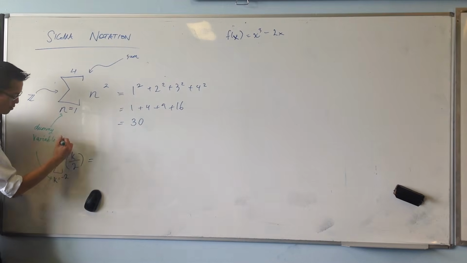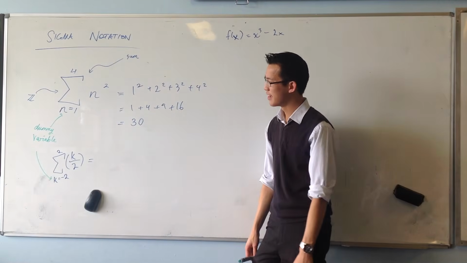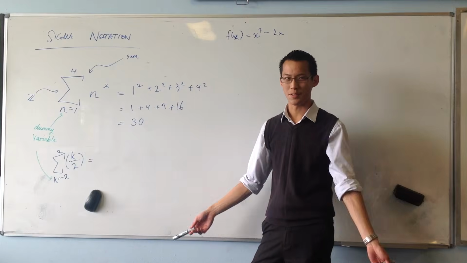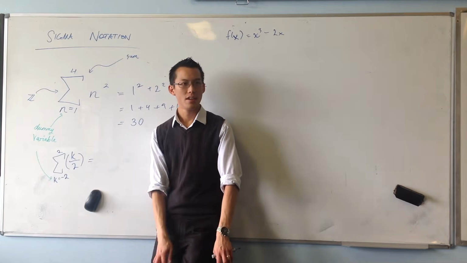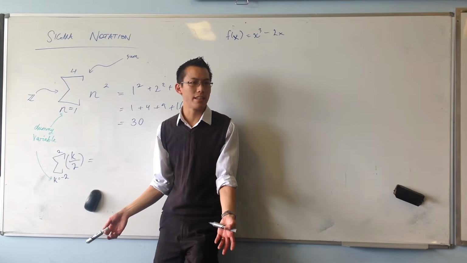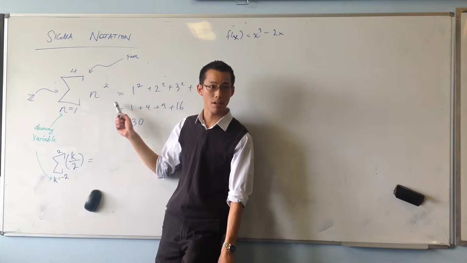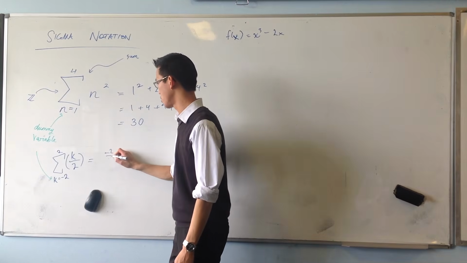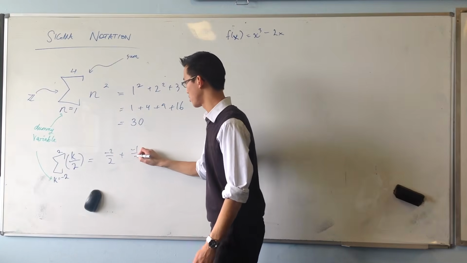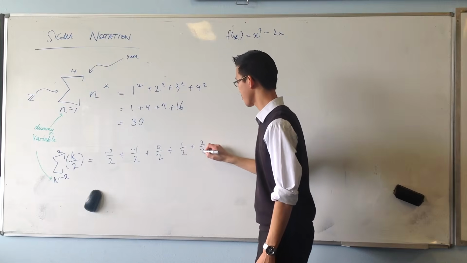The word dummy is used in a lot of different contexts to mean completely different things. But essentially what it means is this k doesn't do anything really. It's just standing in for the numbers. The numbers are what I'm after. So in this case, what would it be? It'd be minus 2 on 2 plus minus 1 on 2 plus 0 on 2. You get the idea.